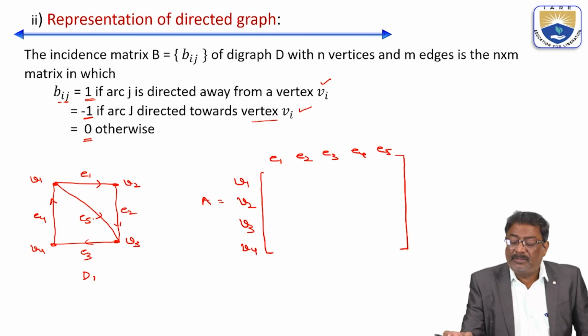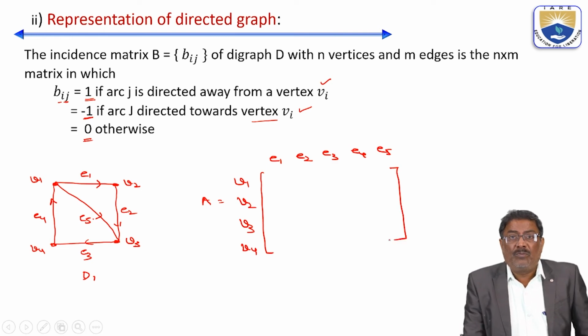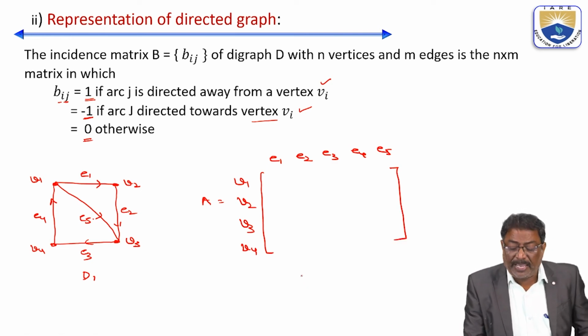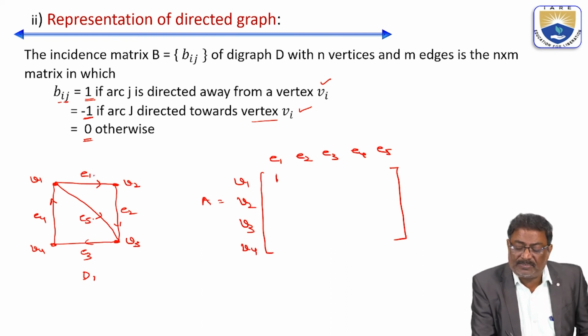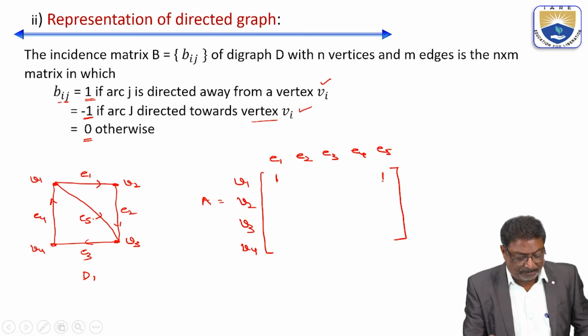Now here we are going to consider V1 and E1. See here, it is just moving away, then we are going to consider it as 1 for this E1. And E5 is also moving away from that, so for E5 I am going to consider 1.